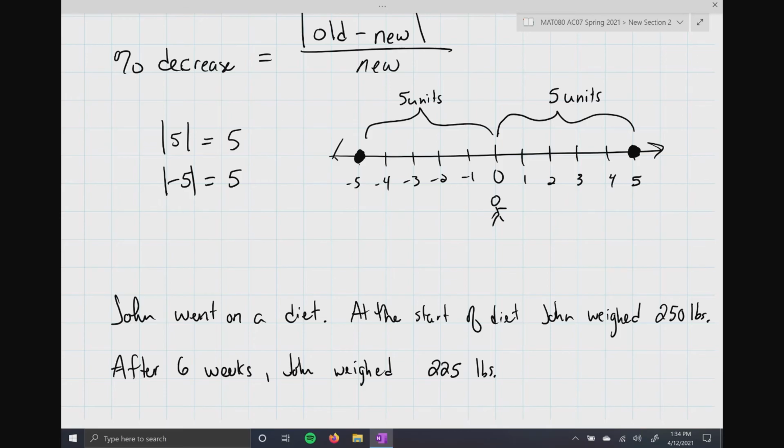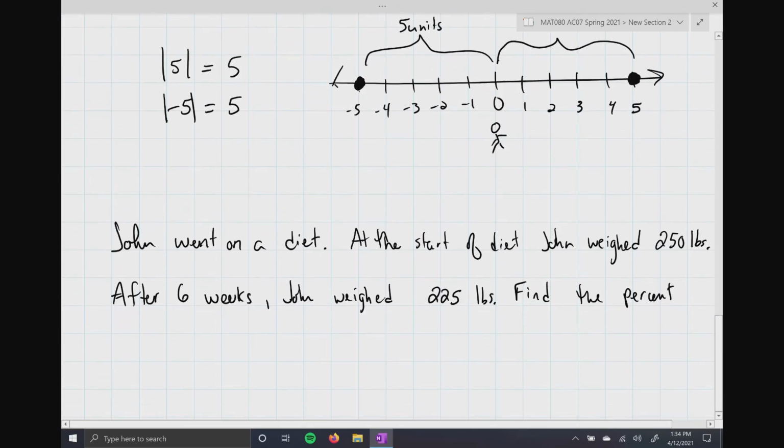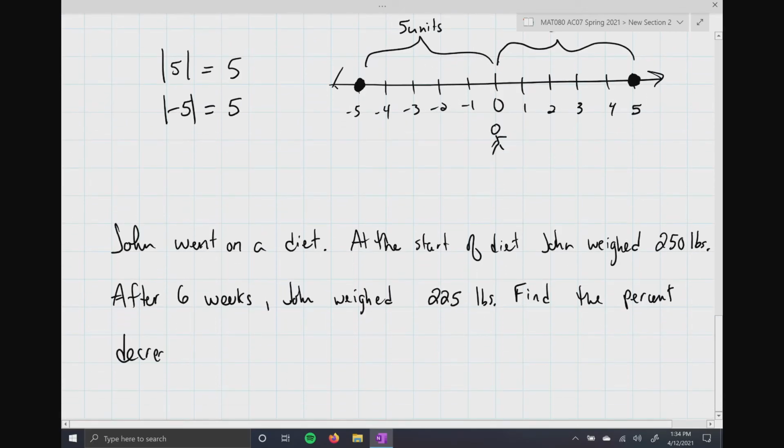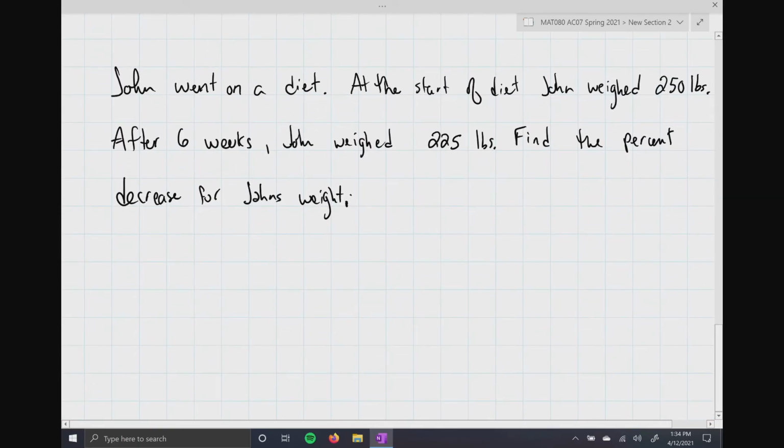So, find the percent decrease for John's weight. All right? So, percent decrease is going to equal this.